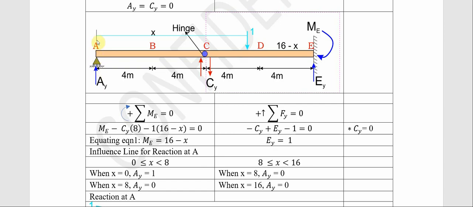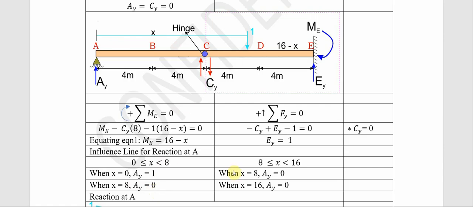Our AY will be 1, even though we are considering a unit force. Now when it moves here, our AY will continue to diminish until it gets to this particular point, when our S would have covered a distance of 8. If you remember, the influence line for reaction at A is 1 at point A, then it continues to diminish. So at x equals to 8, our AY will be equals to 0.